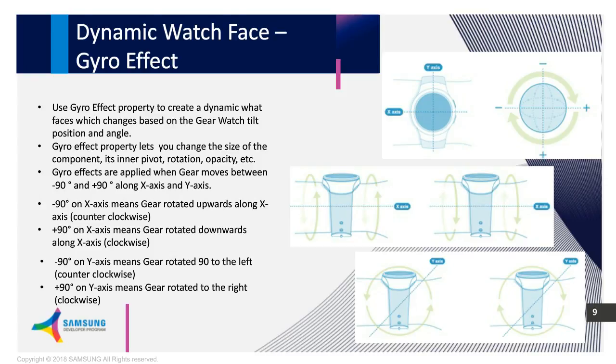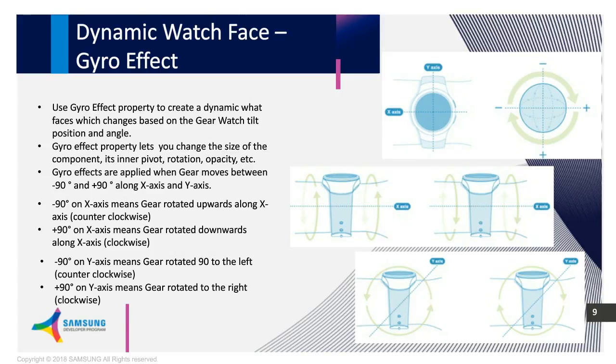Gyro effects are applied when gear moves between minus 90 degrees to plus 90 degrees, either along the x-axis or along the y-axis. Minus 90 degree on x-axis means that gear is rotated upwards along the x-axis, and plus 90 degree on x-axis means gear is rotated downwards along the x-axis. Same way, minus 90 degree on y-axis means it is rotated to the left on the y-axis.